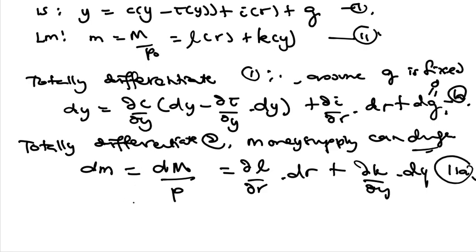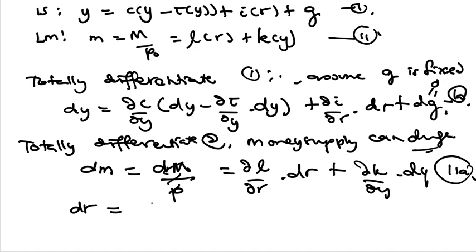Now what you need to do with 2A is rearrange it such that dR is on the left hand side and the rest is on the right hand side. When you rearrange it, you get something like this. We don't use this one, we use dM equals the rest here.